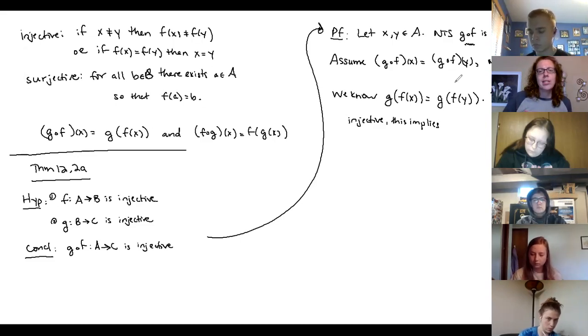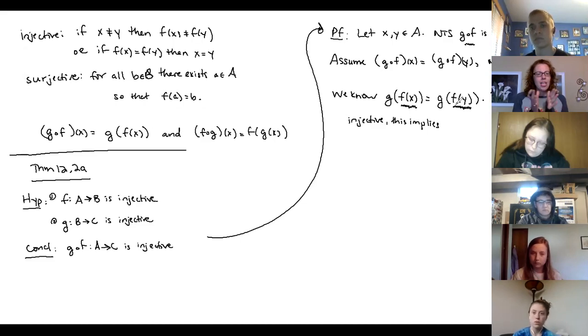So here's what I want you to see. G of something is equal to G of something else. My squiggly underlines are the somethings. G of something is equal to G of something else. And therefore, because G is injective, those two somethings have to equal each other.